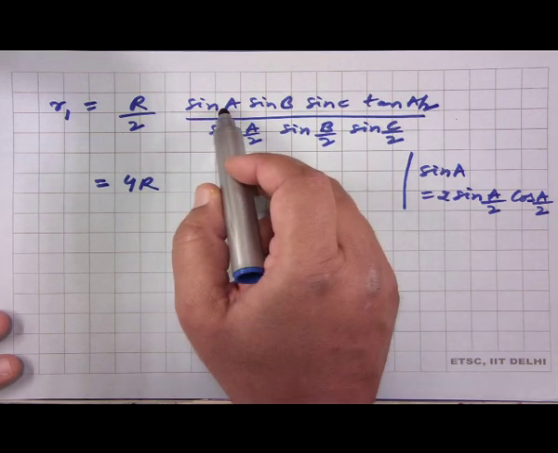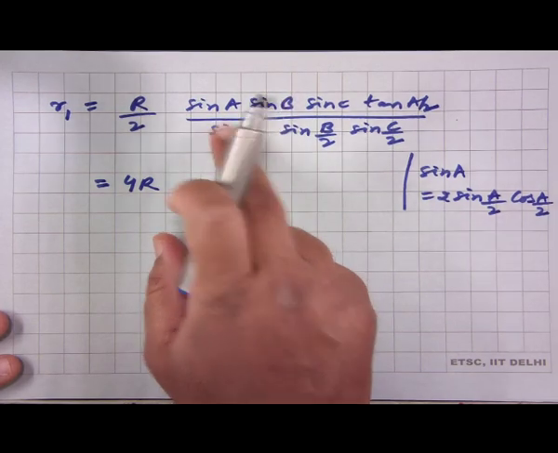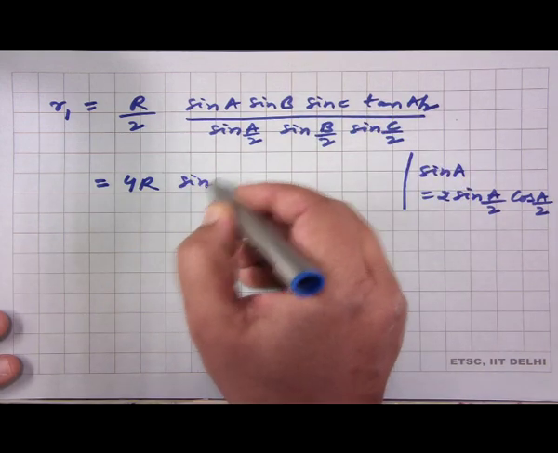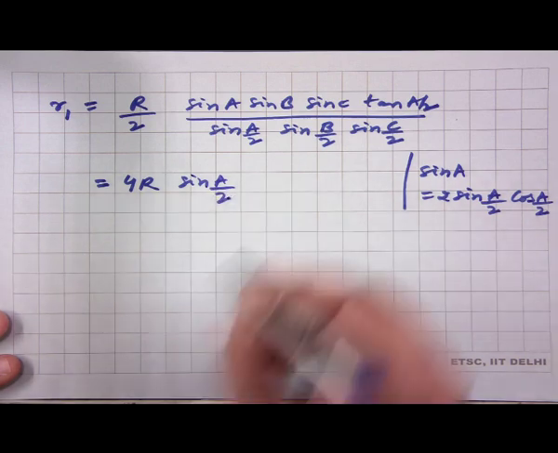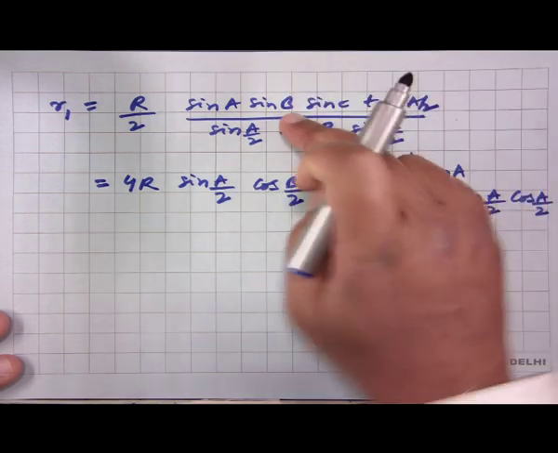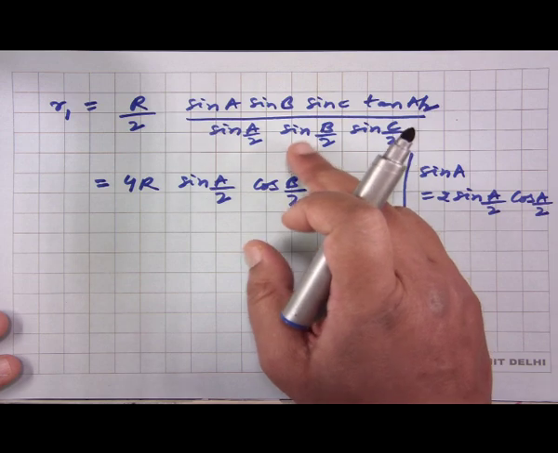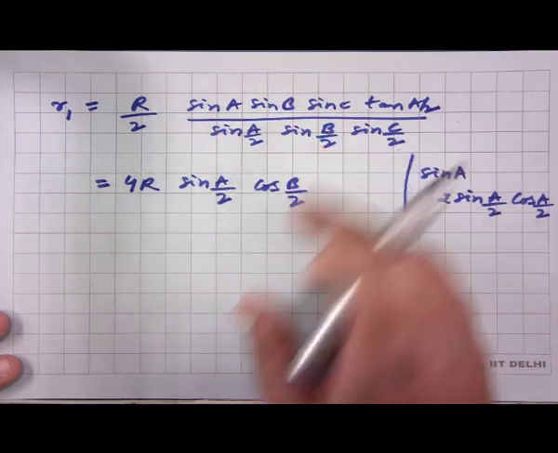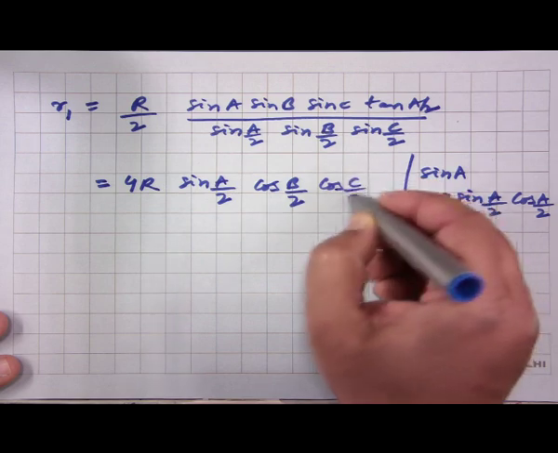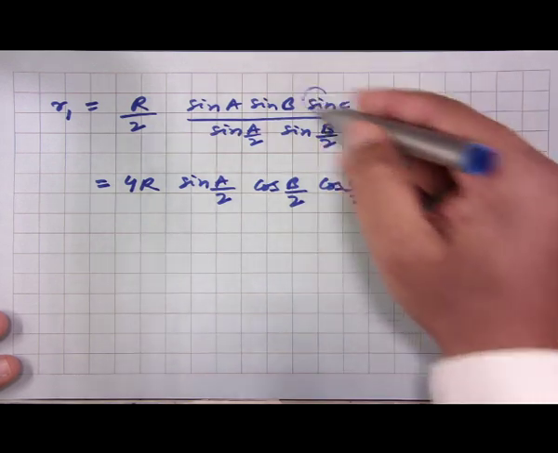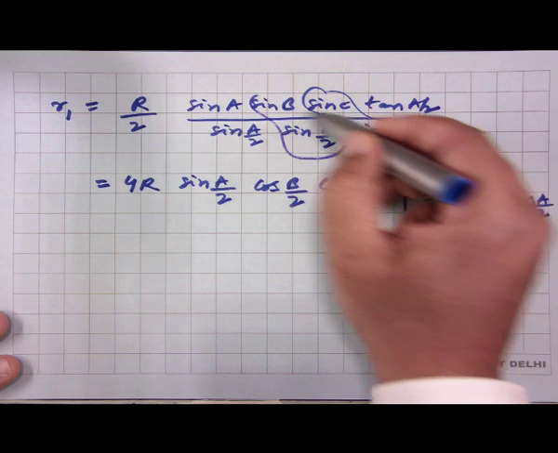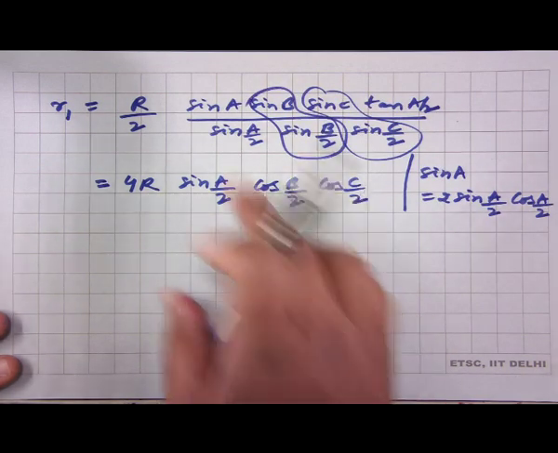So, this is going to give us 2. So, sine A by 2 will get cancelled, we get cos A by 2, but that will get multiplied with tan A by 2. So, we get sine A by 2 here, and then cos, because when we write sine B in this form, then sine B by 2 will get cancelled, and what remains is only cos B by 2 in the numerator and cos C by 2 from these two. So, these two give cos C by 2, these two give us cos B by 2, and then the remaining gives us sine A by 2.